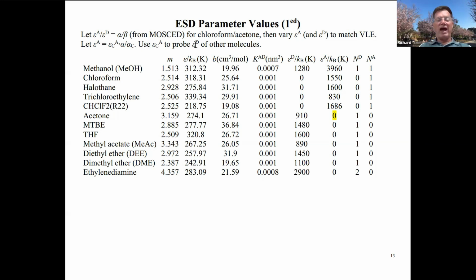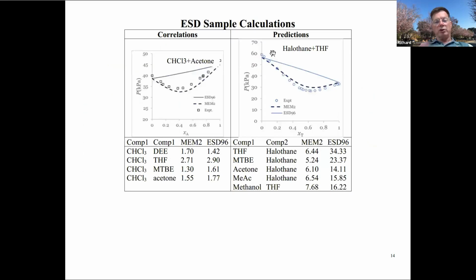So we get a mixture of acetone with that compound, and then vary epsilon A until we match the VLE for that new mixture. And that's what I did in this first paper that I gave you the reference for on the first page. So let's do that. Here's what acetone and chloroform look like. You can see I shifted the whole thing down because the vapor pressures are off a little bit, but otherwise this is just following the procedure, matching the VLE data.